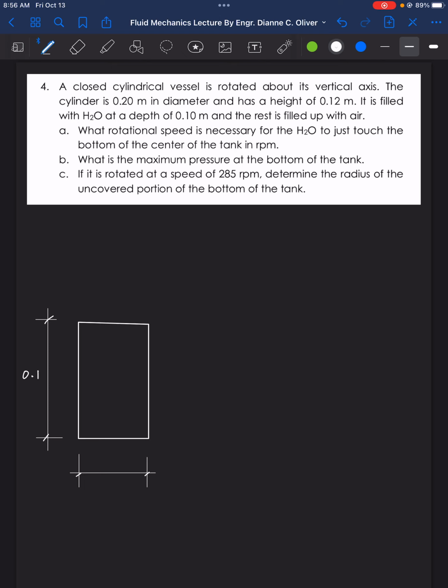So 0.12 meter high and 0.2 meter diameter. Then our rotational axis, vertically. So we're looking for omega, the rotational speed or the angular speed.